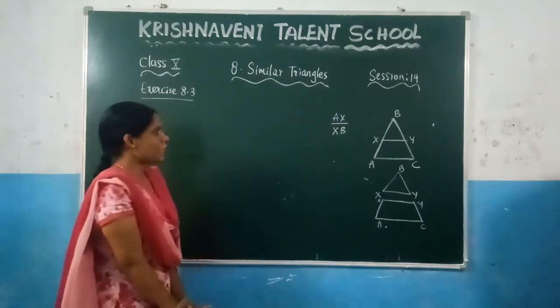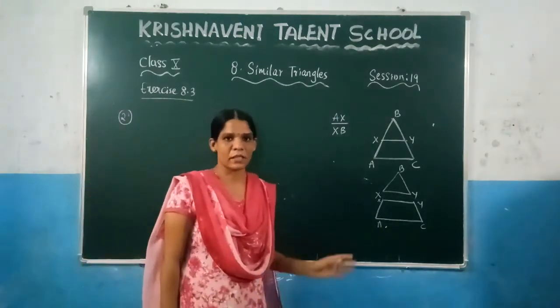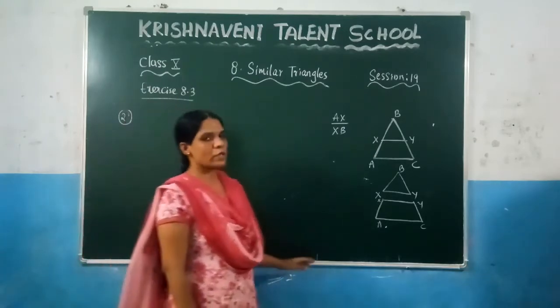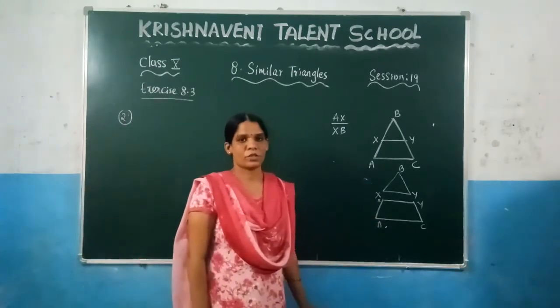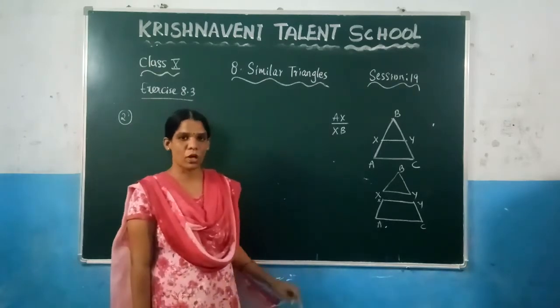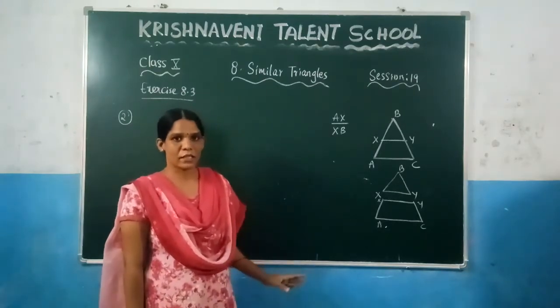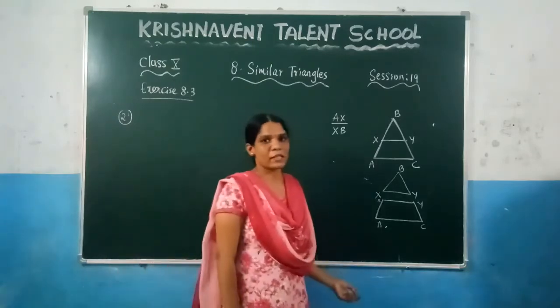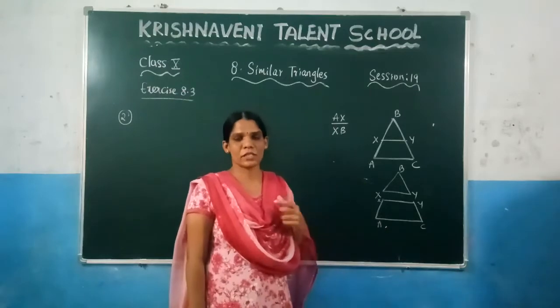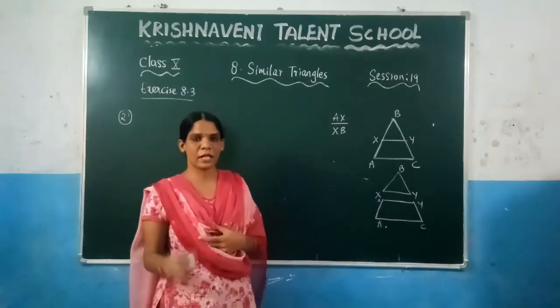Since we have discussed the areas of similar triangles theorem before this exercise, now you need to apply that theorem here so that you can calculate the ratio of AX by XB. What does the theorem state? The ratio of the areas of two similar triangles is equal to the square of the ratio of their corresponding sides.